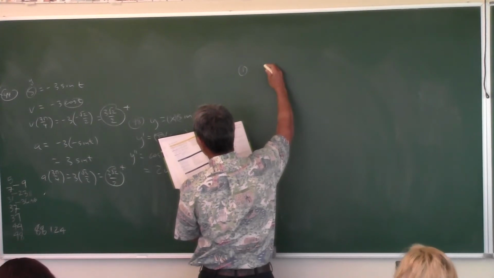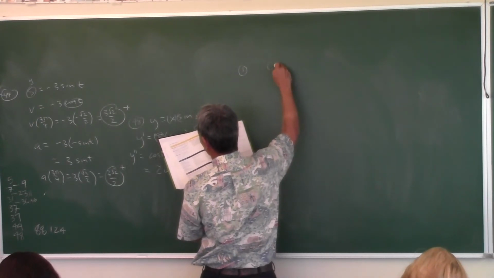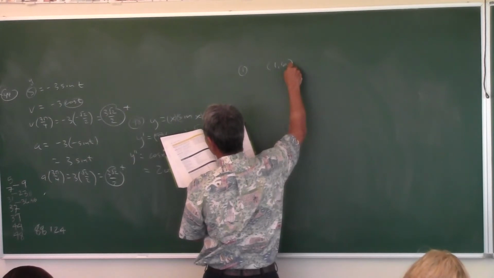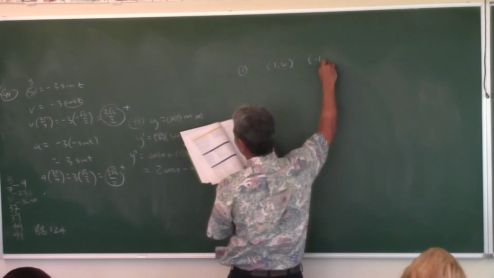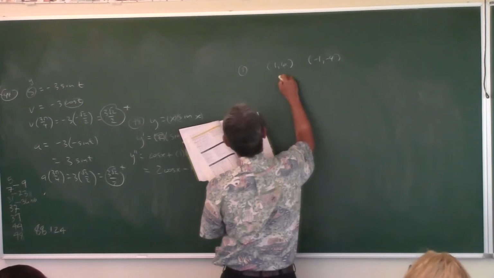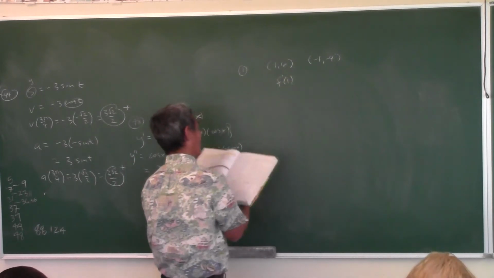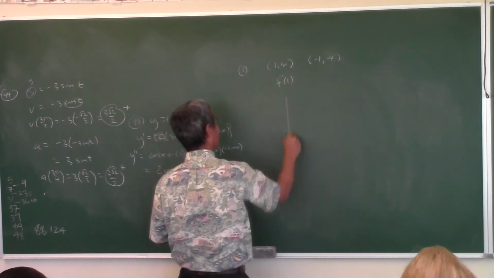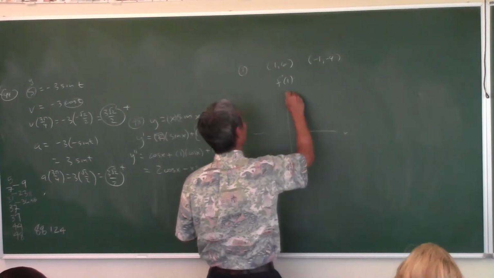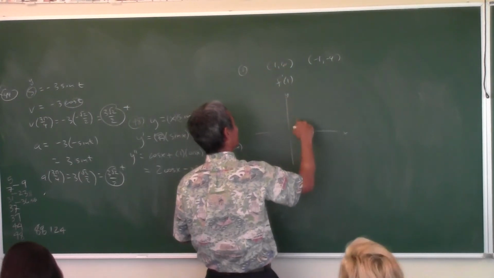If the tangent line of the graph of the function at the point (1, 6) passes through the point (-1, -4), then what is f prime of 1? Oh, I like this problem. So we have a graph that passes through the point (1, 6).